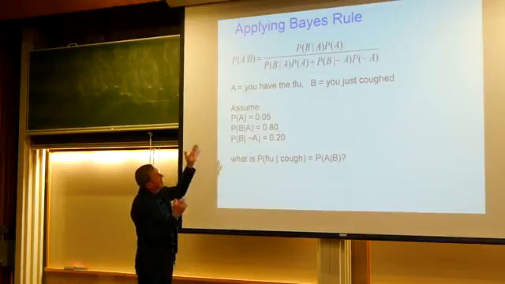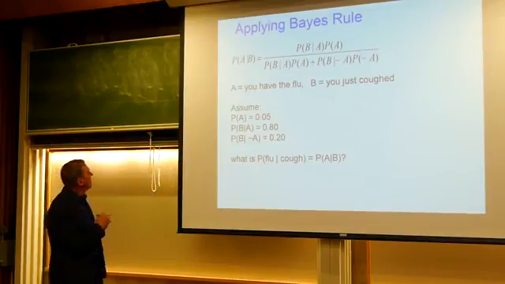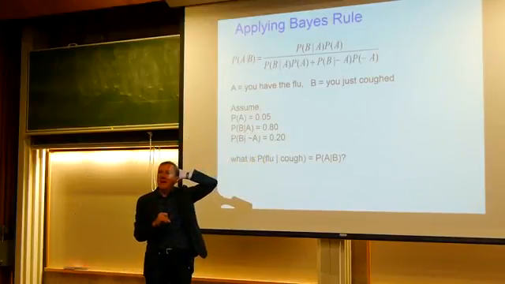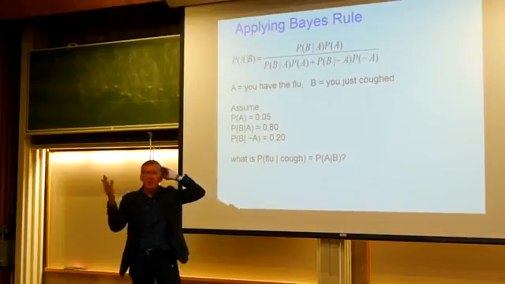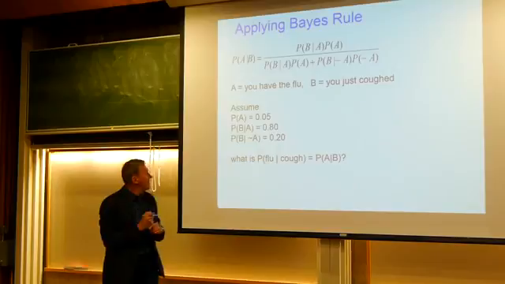But if you were a Bayesian, you might think about that question in the following way. Let's define two random variables. A is whether you have the flu or not. B is whether you coughed or not.